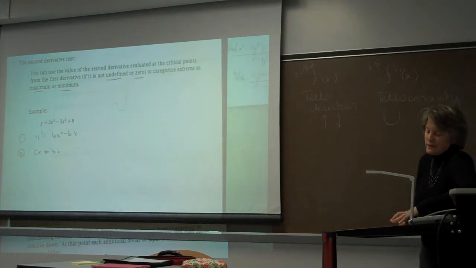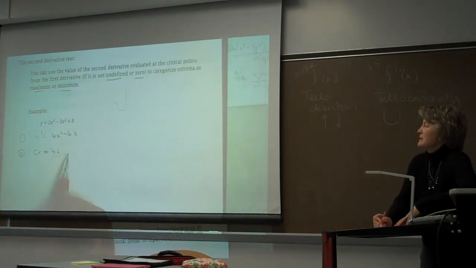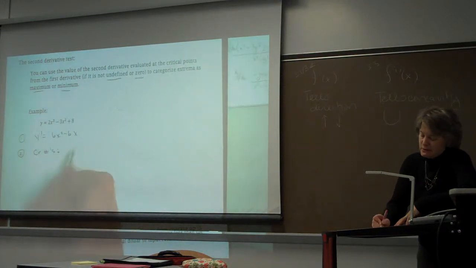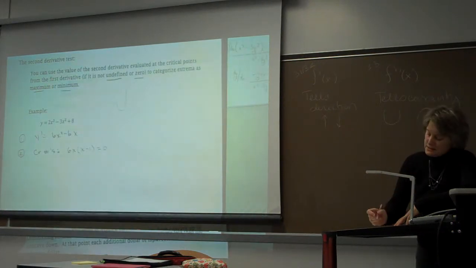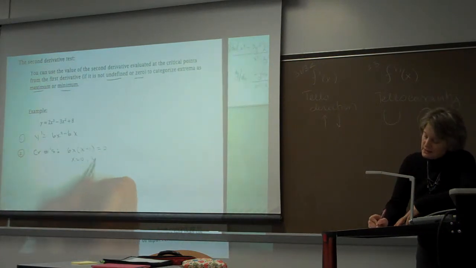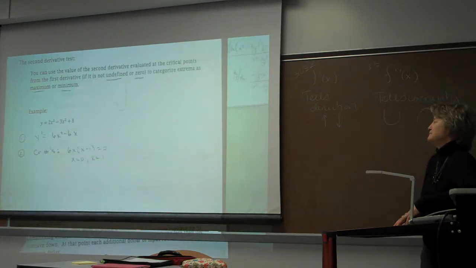So critical values are 0 and 1. Right. If you factor out a 6x, you can see that x equals 0 and x equals 1 make that 0. Nothing makes it undefined, so those are my two critical values.